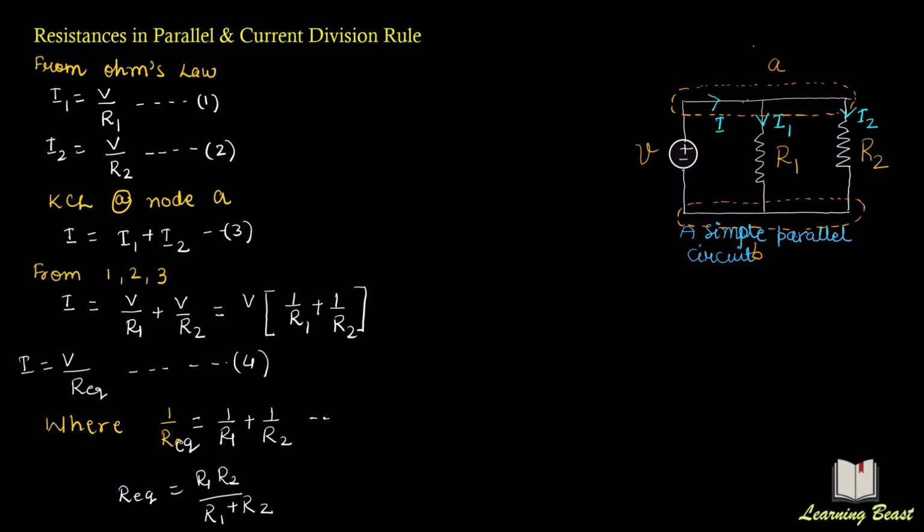Now let's give this equation a number. Suppose this equation is equation 5. This R equivalent for two resistances can be calculated as the product of the two resistances divided by the sum of the two resistances.